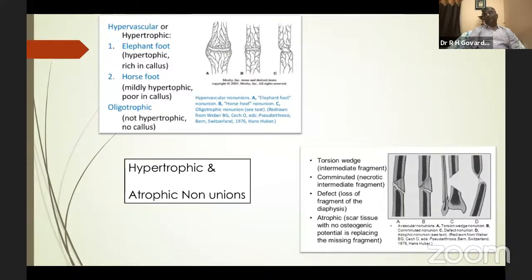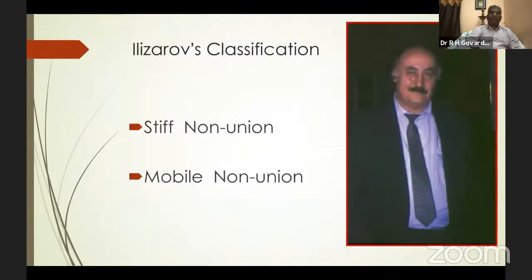A big gap at the fracture site is definitely an atrophic type of non-union. The fourth variety is where there is formation of a pseudo joint with synovium inside and fibrous tissue formation, which is a pseudoarthrosis type. This is the broad classification Weber and Cech gave us in 1976, and based on this, the treatment modalities are formed.